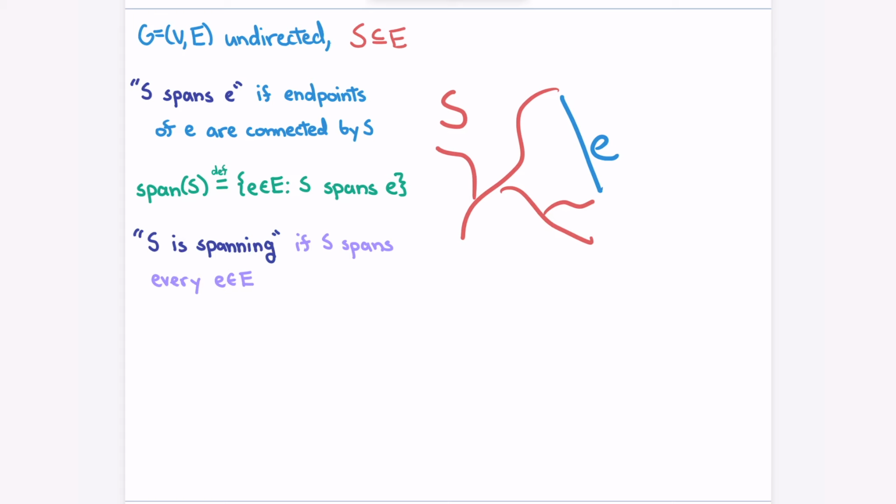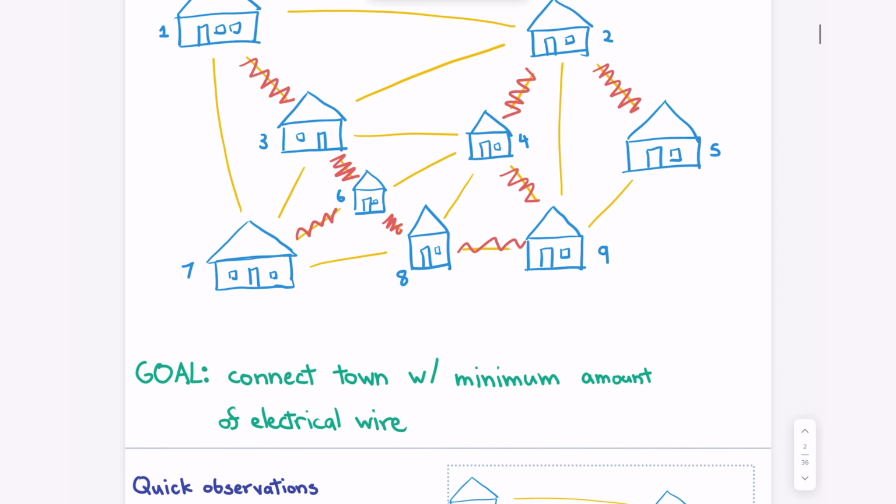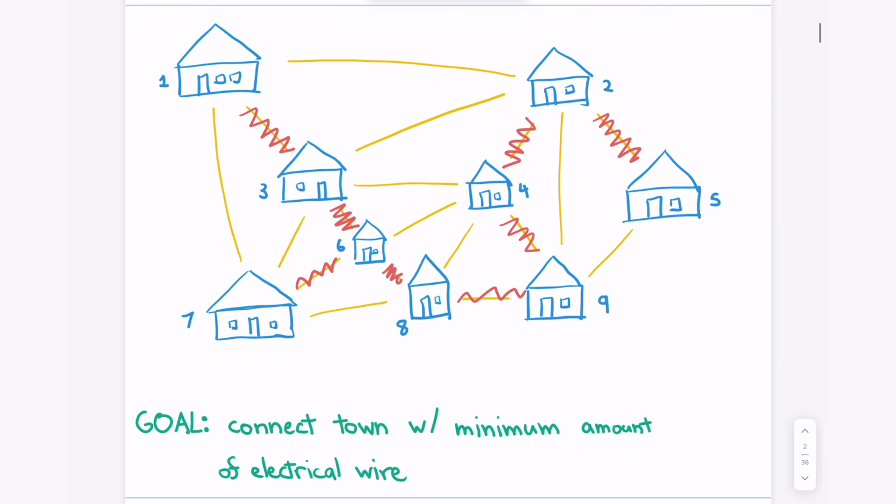In this picture, E is the blue edge, S is in red, and S spans E insofar as it already connects the endpoints of E. Back in our picture of the houses, all the edges we didn't take should be spanned by the set of edges we did take.